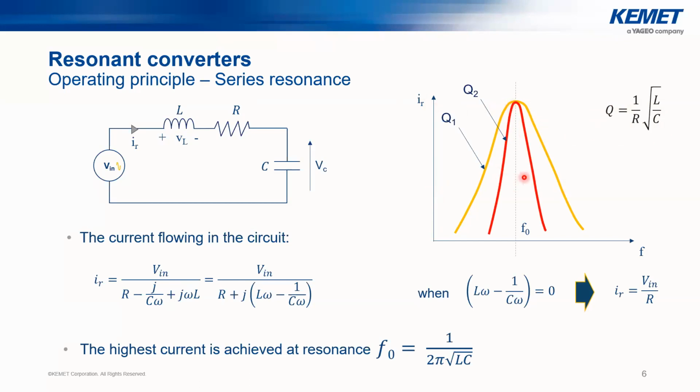But as a drawback, the operating frequency range will be limited. That means that if we are far from this bandwidth, we will be far away from reaching the highest current capabilities. However, it will be easier to reach this high current in the nearby region of this Q.